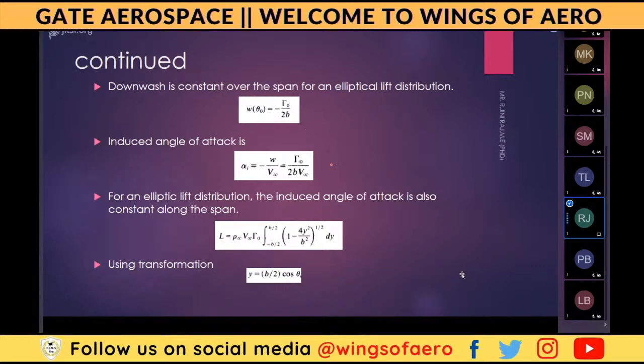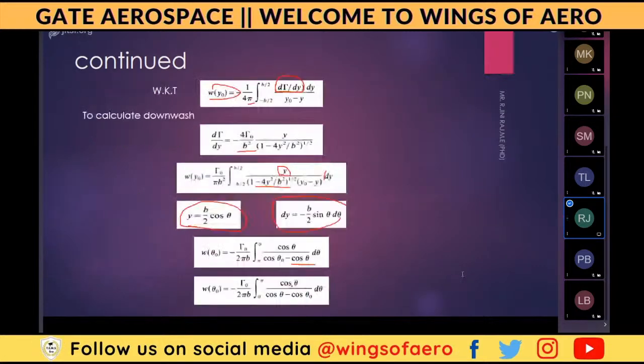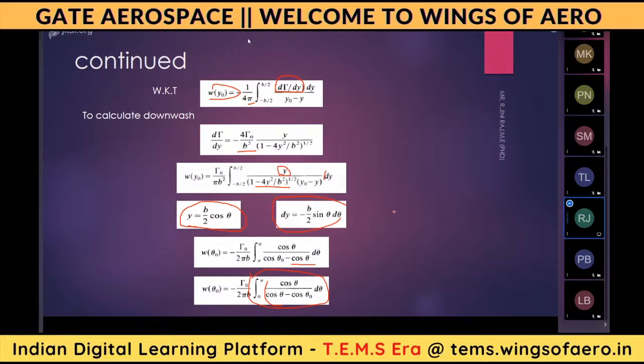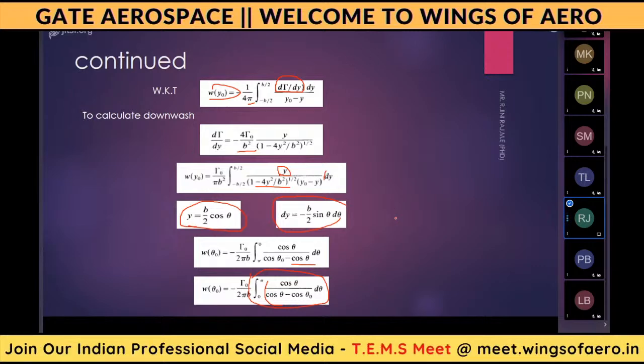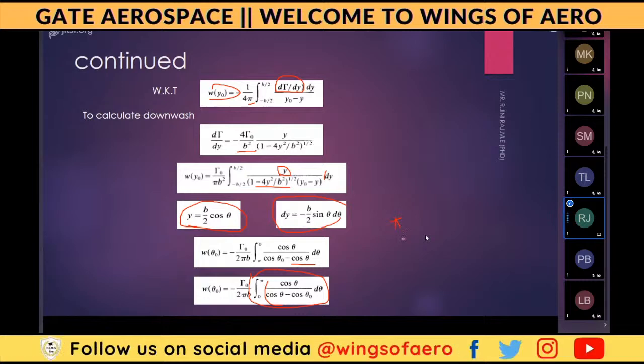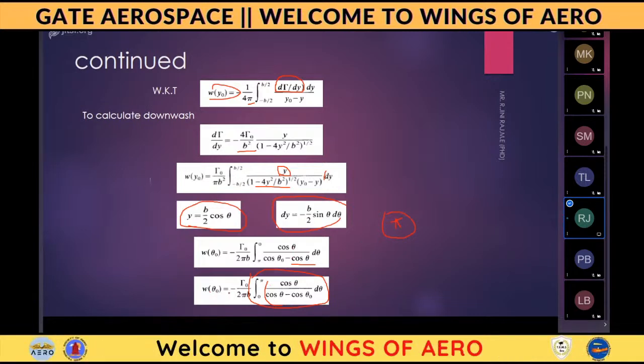So here also, the integral from 0 to pi of cos theta divided by (cos theta minus cos theta naught) d theta gives pi. Applying here, pi gets cancelled. The remaining value will be minus gamma naught divided by 2b.